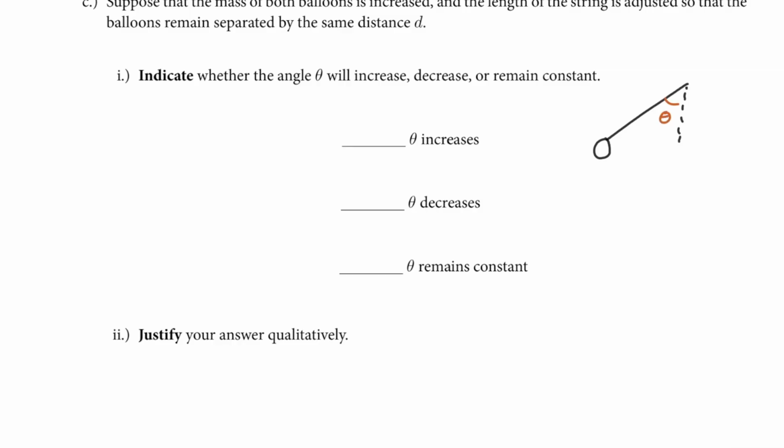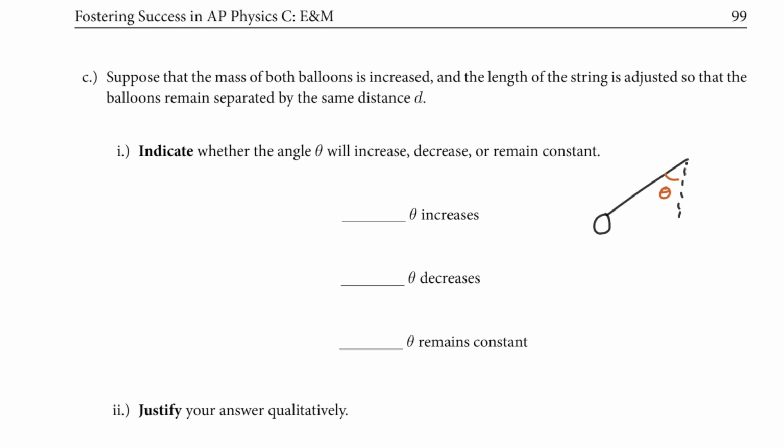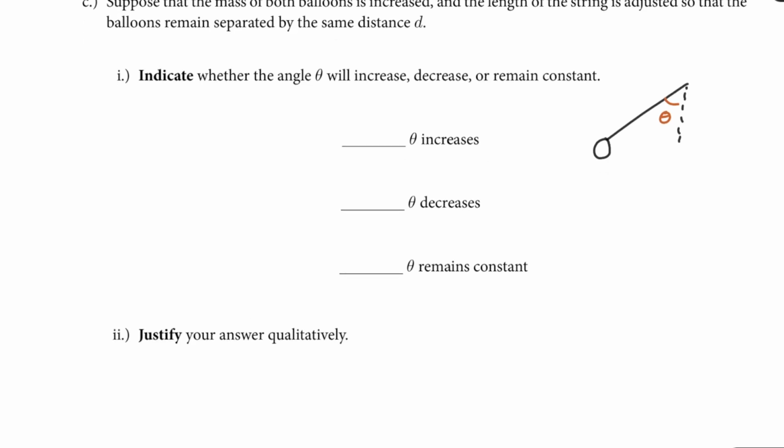We're interested in asking what happens if I do a much, much heavier balloon at the same distance. First of all, we know that the electric force is going to stay the same, so it's going to get pushed the same amount horizontally. But if I have a heavier balloon, that's going to add to the vertical force. So it's going to drag the string to make it more vertical.